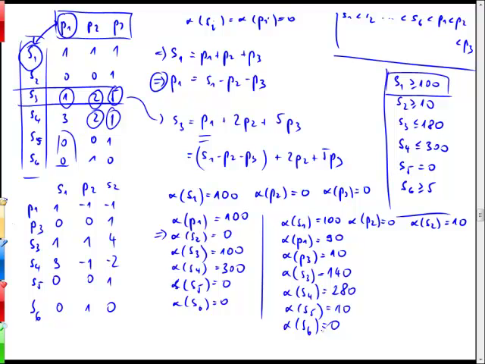So we check again. What about the bounds? Here S3 should be at least 100, at most 180, and it is currently 140, so it fits. S4 should be not more than 300, but it is 280, so it fits also.